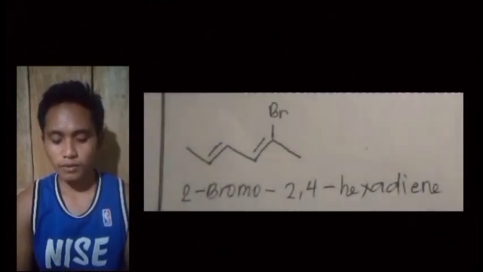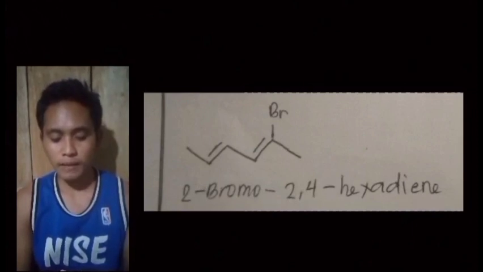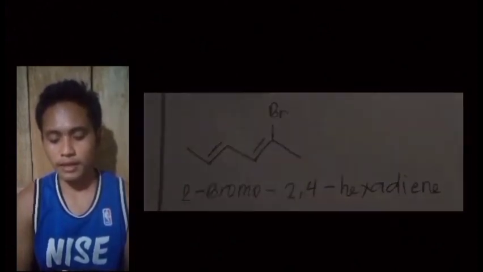And the second example is 2-bromo-2,4-hexadiene, because we have 6 continuous carbons, hexane, and we have 1 bromo on the second carbon, so 2-bromo-2,4-hexadiene. That's all.